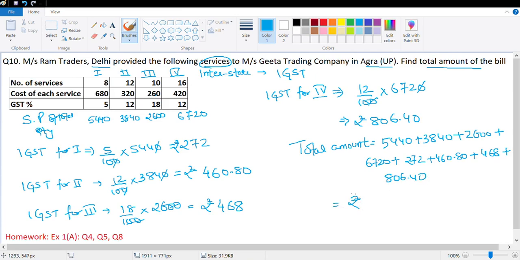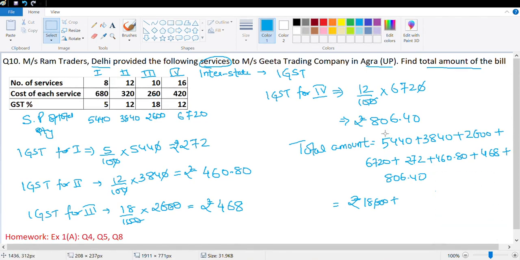On adding all that up, let's check what value we get. 5,440, 3,840, 2,600, 6,720. That's 18,600.